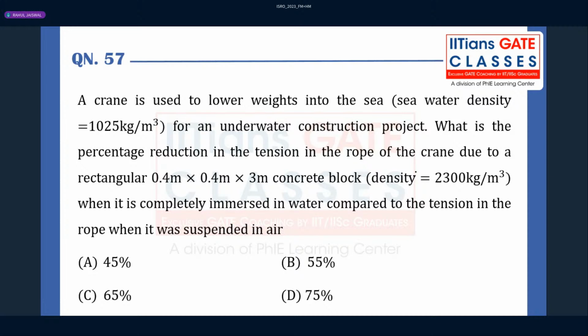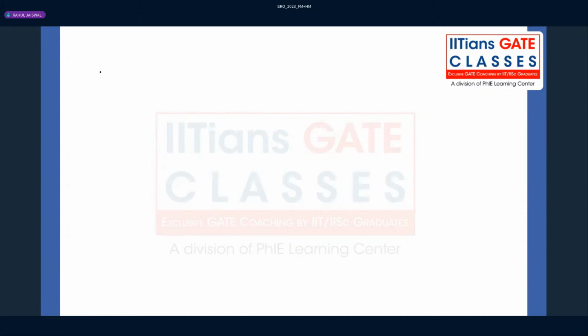What is the percentage reduction in the tension in the rope of the crane due to the rectangular concrete block when it is completely immersed in the water, as compared to the tension in the rope when it is suspended in the air?